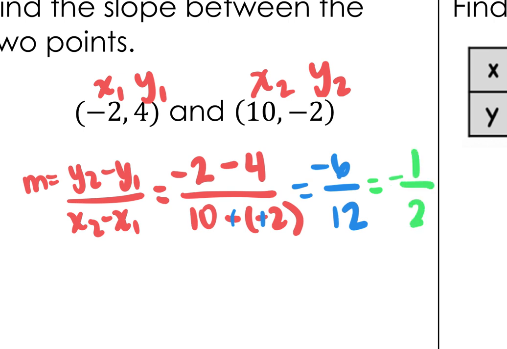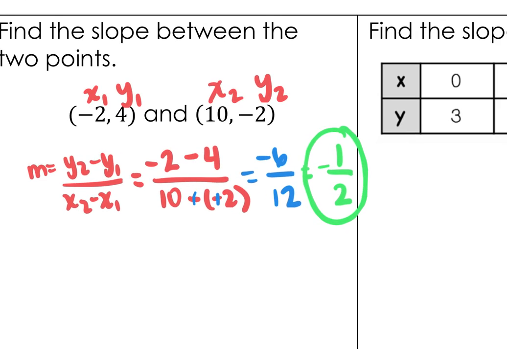And 12 divided by 6 is 2. So this slope is going to reduce to a -1/2. Guys, because there is one negative in the fraction, this means the entire slope is negative. So the negative sign, it doesn't matter if it's in the numerator or the denominator or if it's just out front. If there's only one negative, this line is decreasing. The slope is negative. Okay?